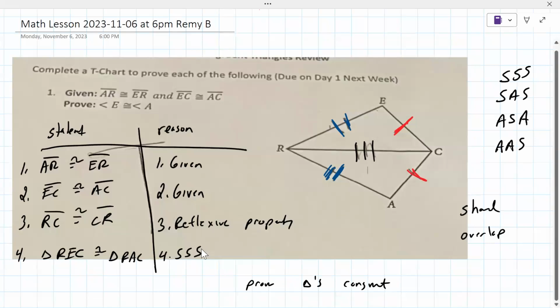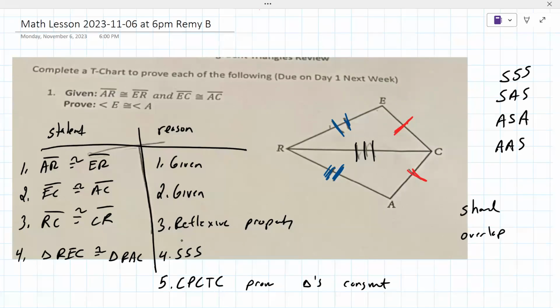Now you can say the triangles are congruent. Once you have the triangles congruent, you can use this thing called CPCTC. Does that sound familiar to you? Kind of, yeah. I forgot what it fully stands for, but I've seen it. What it stands for is corresponding parts of congruent triangles are congruent.